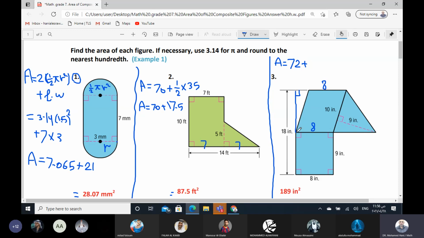And how to find the height here? We have the whole 18 and we have this part equal 9. 18 minus 9 will be 9. So the height will be 9 and this is the base. 8 times 9 also will be 72.